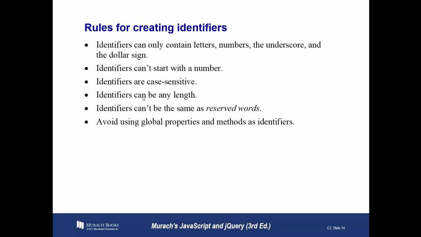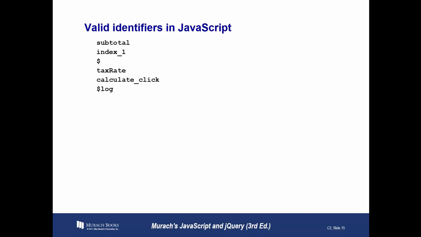For instance, they can contain letters, numbers, an underscore character, or a dollar sign. They can start with either a letter, an underscore, or a dollar sign, but they can't start with a number. They are case sensitive. They can be of any length. They can't be the same as a reserved word or keyword. And the global properties we'll hit on at a later time.